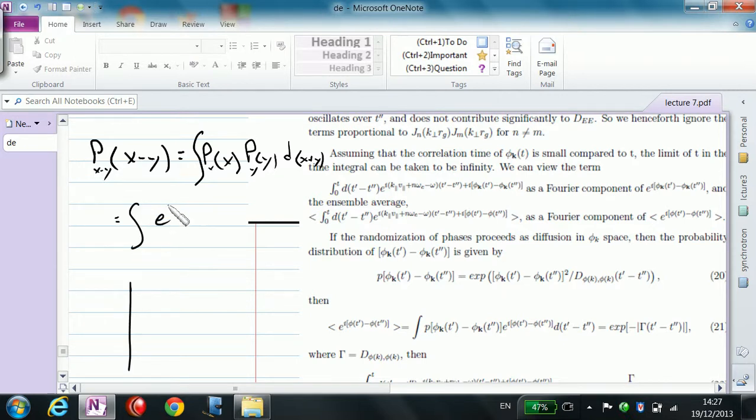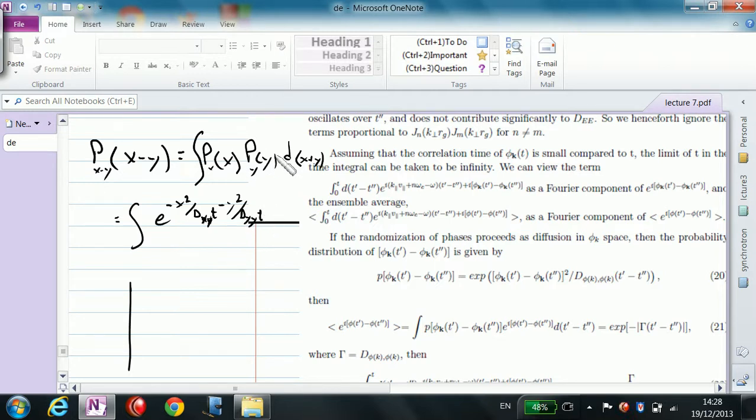This is equal to e to the minus x squared over dxxt, minus y squared over dyyt.